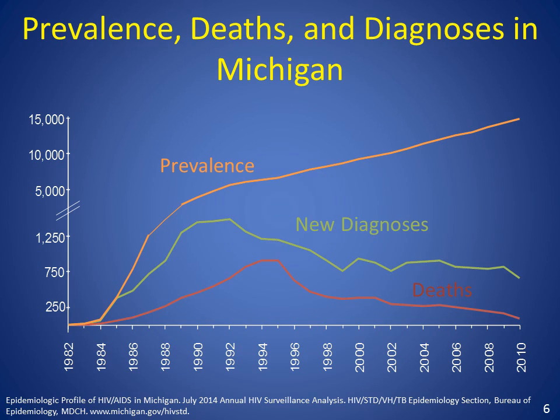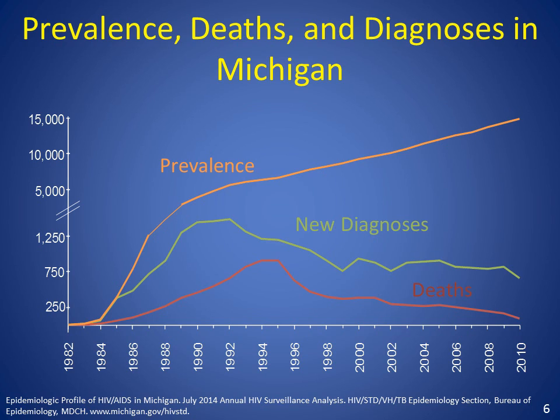If we look now at some specific statistics in regards to the prevalence, deaths, and diagnosis of patients with HIV in Michigan, you can see that the overall prevalence of HIV has continued to trend upward, very similar to how it has in the US and across the world. Again, the major factor leading to this increase in prevalence is the fact that people that have HIV, due to the medications, are living longer.